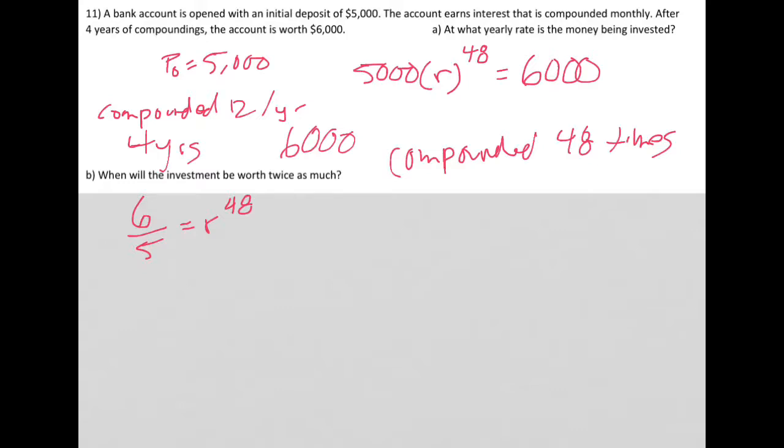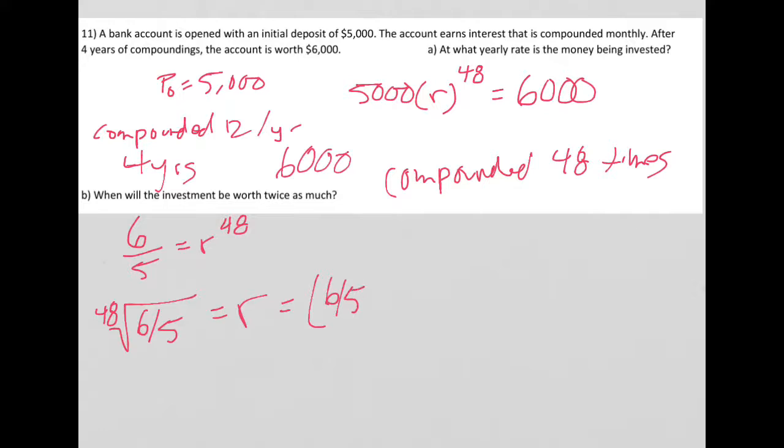And so we will get the 48th root of 6 over 5 equals r, which is absolutely crazy. But crunch it. You could write this as 6 over 5 to the power of 1 over 48. It's probably how I'll do it on my calculator, but let's crunch that real quick and see what we get.